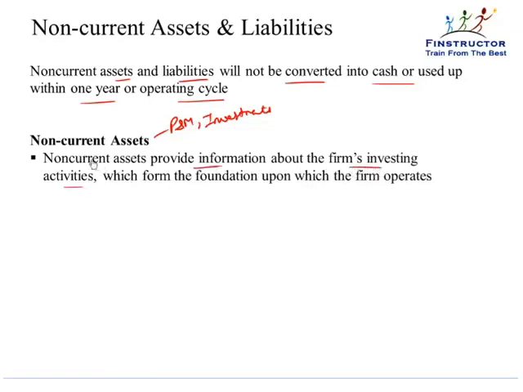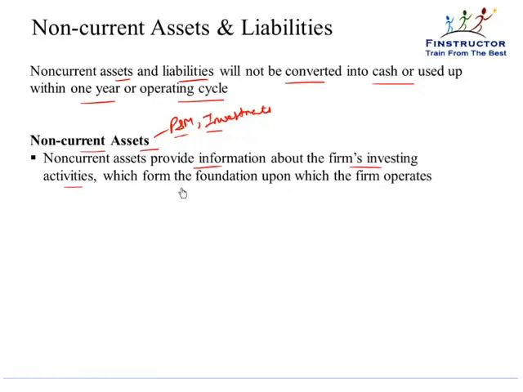So normally these assets get created when we've invested in a factory or in a new building or in some plant and machinery, etc. So these investments result into operations in the future. So because of a factory, I will have products that I can sell, or I will have a dividend income from my investment.